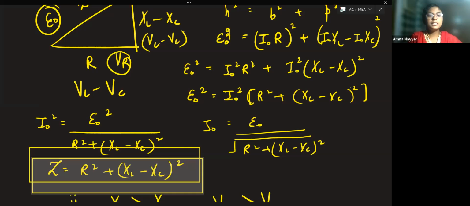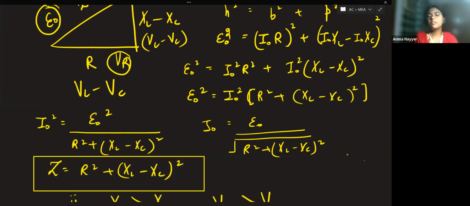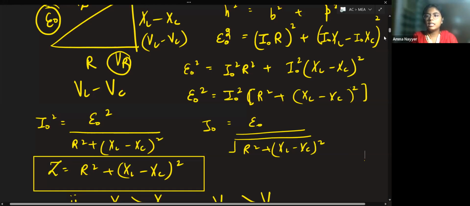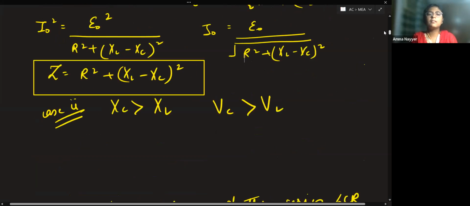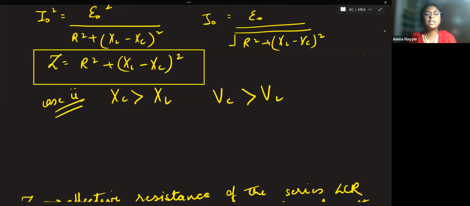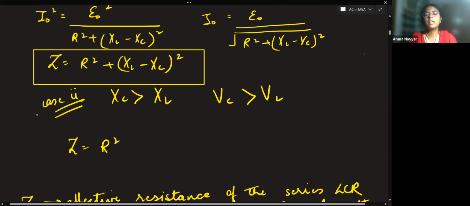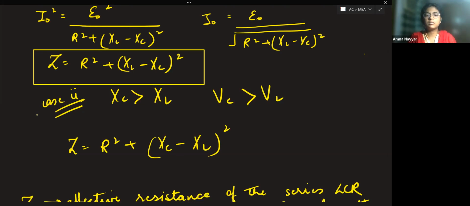Now, had it been reversed, had XC been greater than XL, VC greater than VL, then we would have simply written Z is equal to the square root of R square plus XC minus XL whole square. Just reverse this. Sorry, the under root will also come over here. This was under root, no? So an under root will also come.